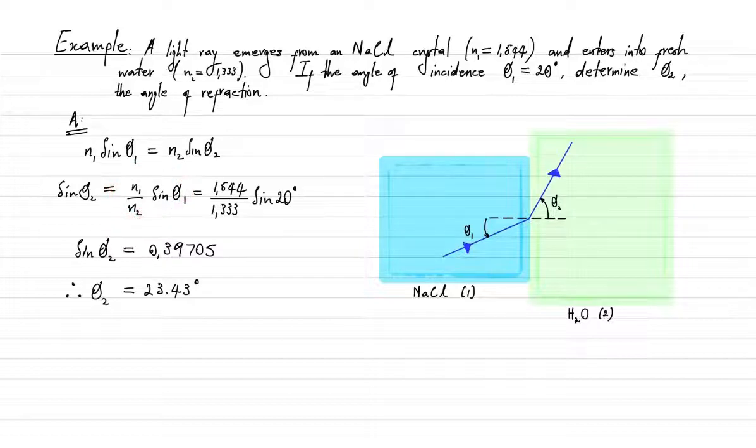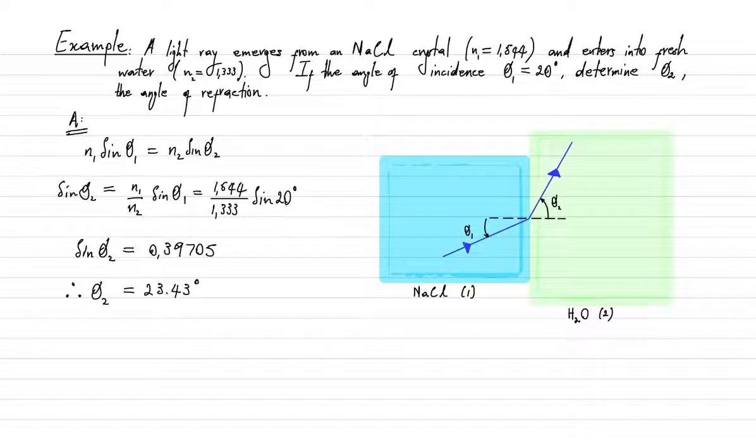The index of refraction of the first medium, NaCl, is 1.544, and that of fresh water is 1.333, and the angle of incidence we said was 20 degrees, and when you plug these numbers into a calculator, we find that sine theta 2 is equal to 0.39705, which if we take the inverse of this, we will find that theta 2 is equal to 23.44.